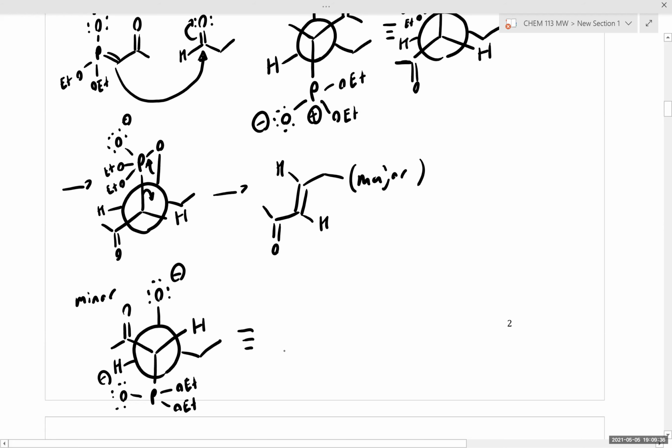In this case, after rotation, we see quite clearly that our bulky substituents are on the same side of the alkene. Just making sure I'm drawing things properly after rotation.